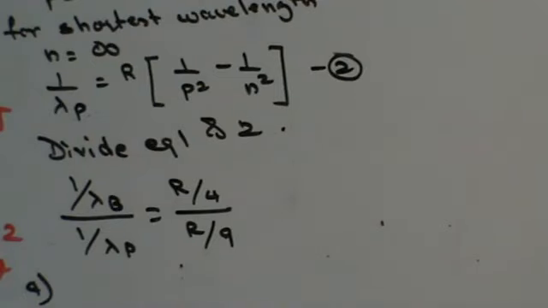The wavelength of H alpha for Balmer series is 6,560 Angstrom units, that is 6,560 into 10 raised to minus 10 meters.